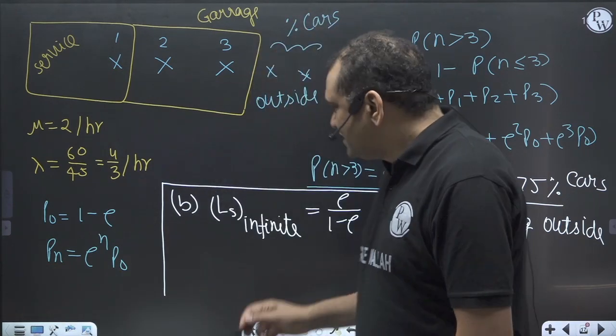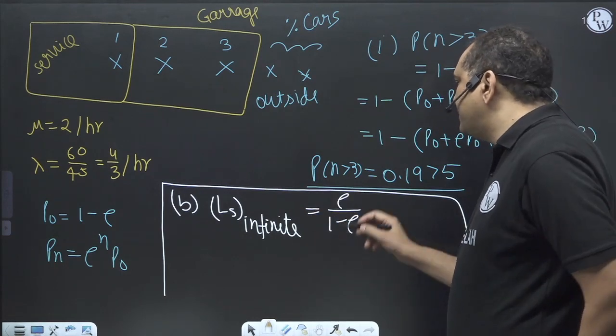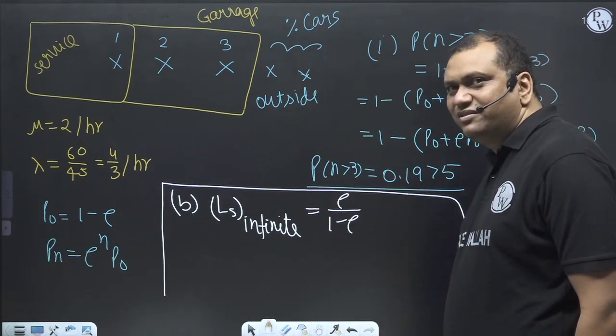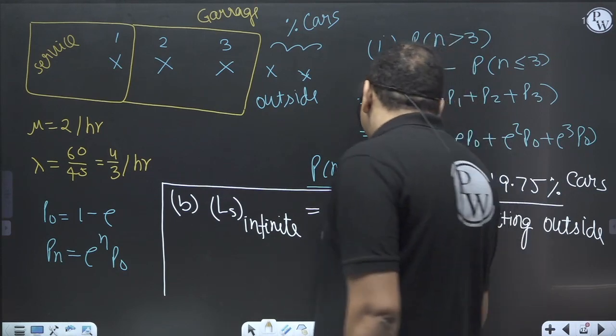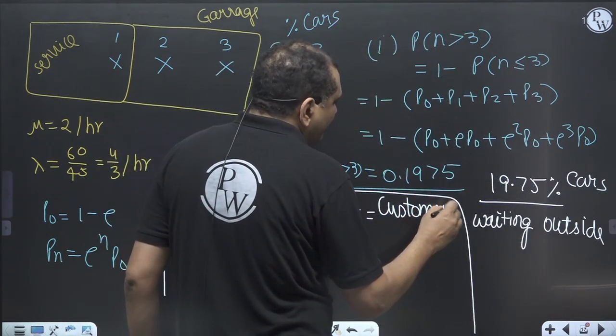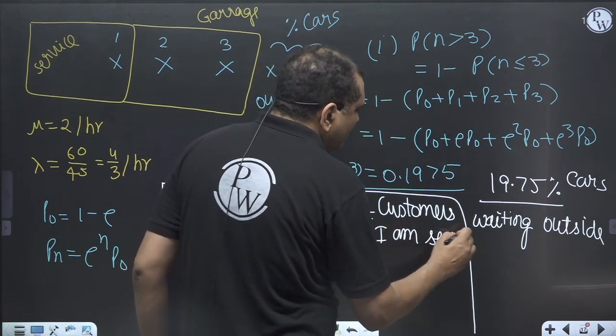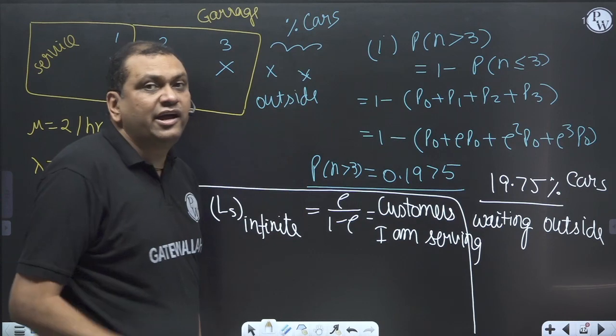So if the system is infinite, the length of system is rho divided by 1 minus rho. These are the customers I am serving.